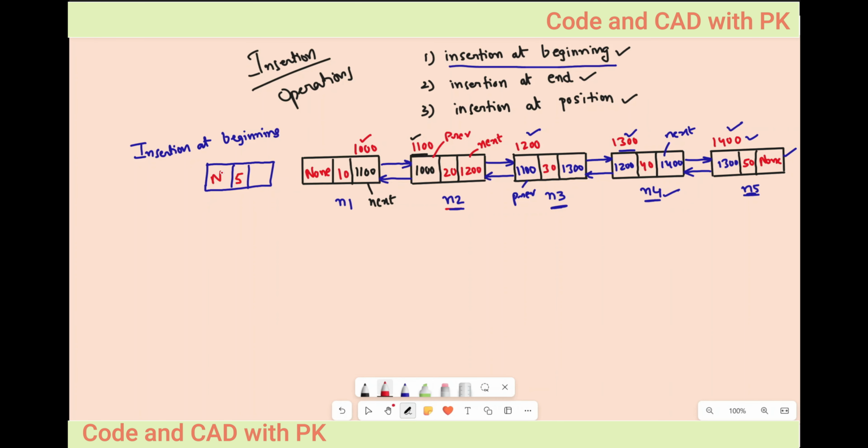Always first one is none, none. So I am going to create a node. For that, I am going to write here new node at beginning, NNB is equal to, how to create a node of data. Here the data is 5. So what is this one? Data.